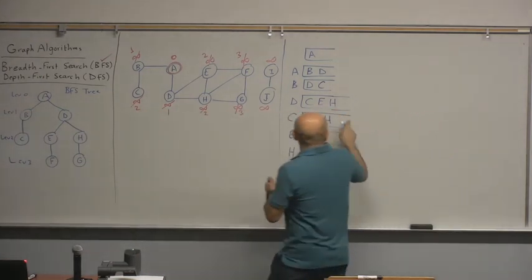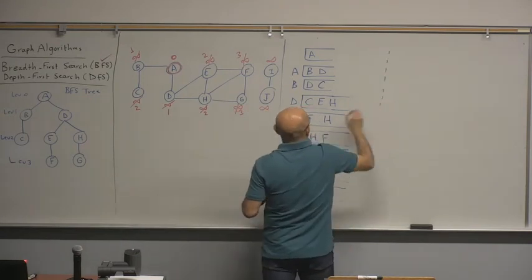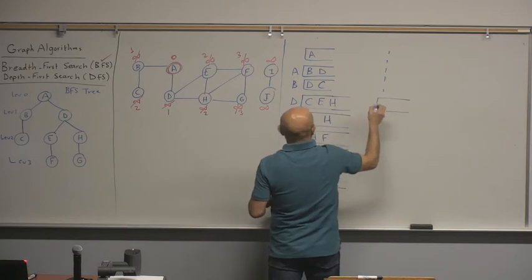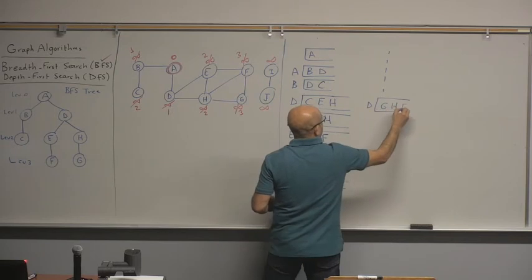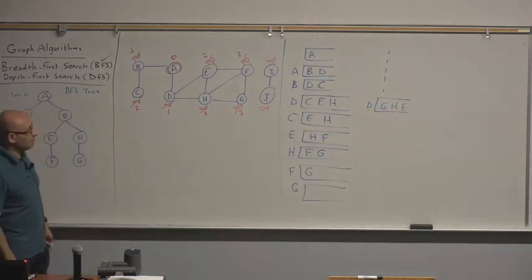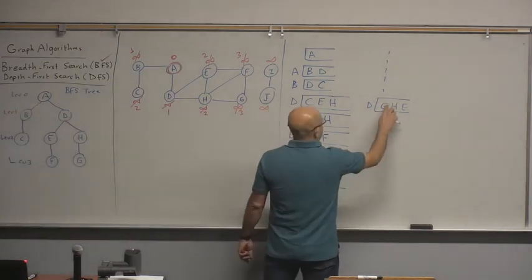Everything is the same until we get to this point. We put D, but we put C, H, E. H before E. What will happen if we put H before E? Now, sorry, this is C, not G.